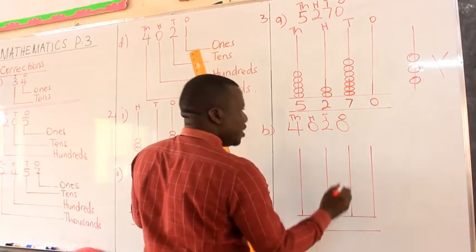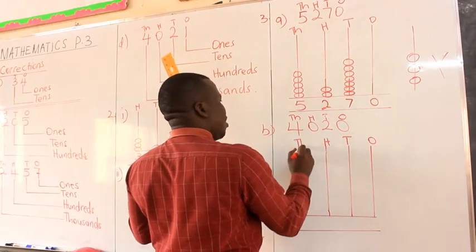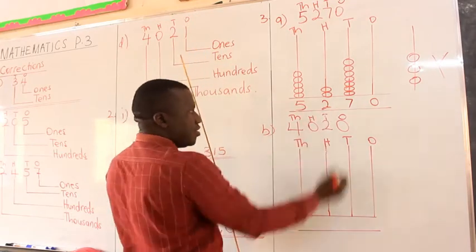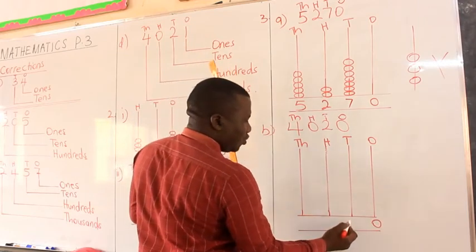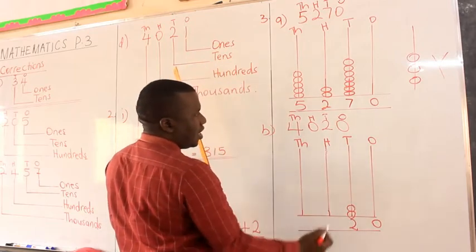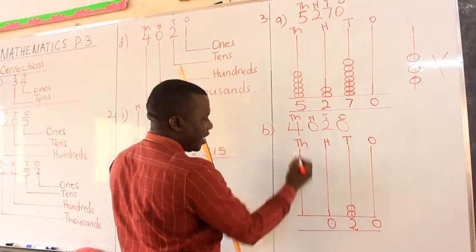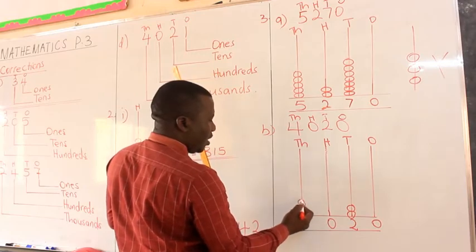In the ones place value there is nothing. On the tens place value there is 2, so you draw 1, 2. On the hundreds place value there is nothing. Here there is 4, 1, 2, 3, 4.